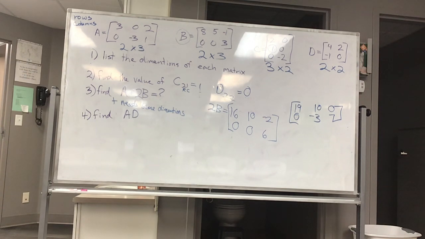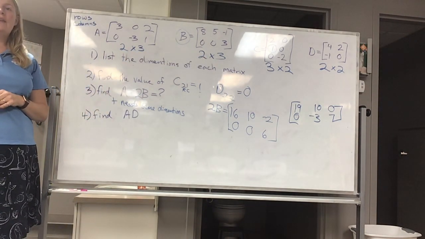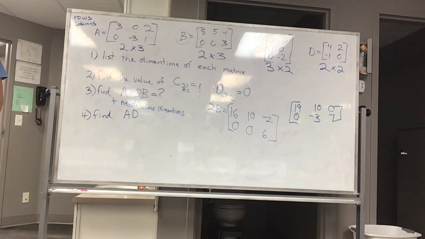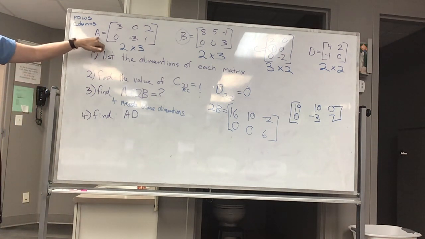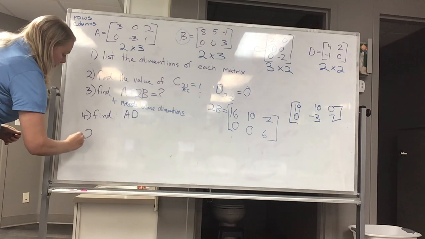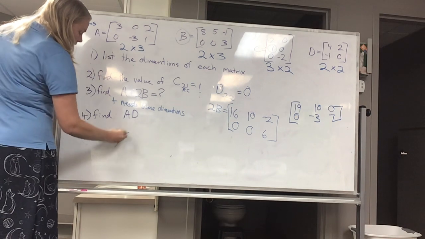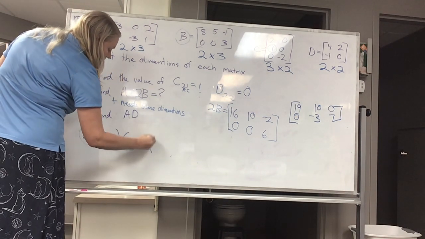So he emphasizes that matrix A and matrix B, the inside dimensions have to be the same. And so we're going to talk about that first. In order for this multiplication to be possible, matrix A times matrix B is not possible. They have to have the inside dimensions the same. And so we can talk about A times C is possible because we have 2 by 3 and we're multiplying that times a 3 by 2.